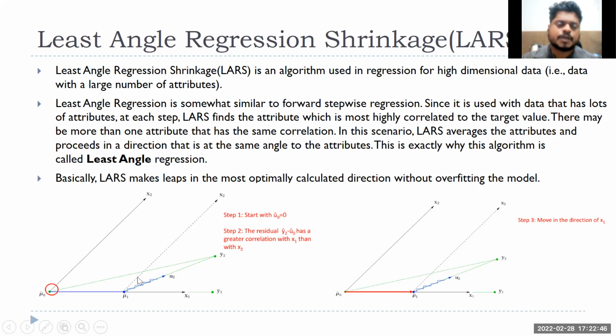When I first start my model and want to predict, it will start with the least angle between these two. Whenever my value is coming close to, let's say, x1, which is customer's income, my line will obviously follow it.